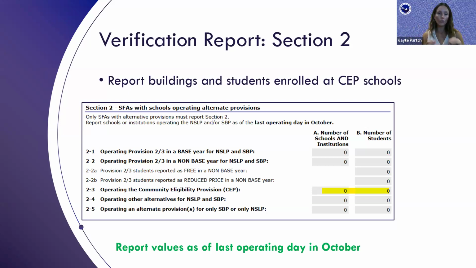And this reflects only CEP. Other districts that do CEP in all buildings would reflect their total building count and their total student enrollment in this section, because they have no traditional pricing buildings, only CEP buildings.